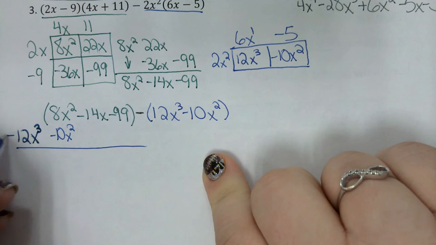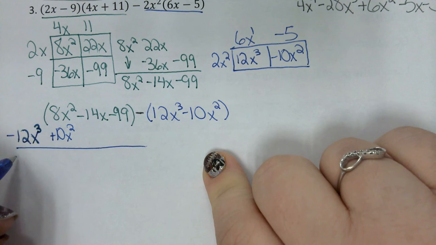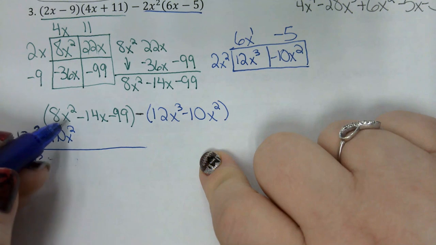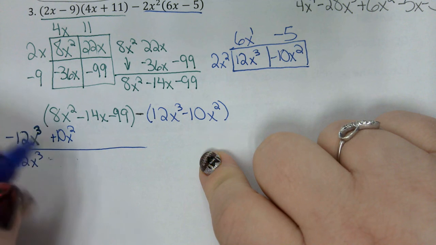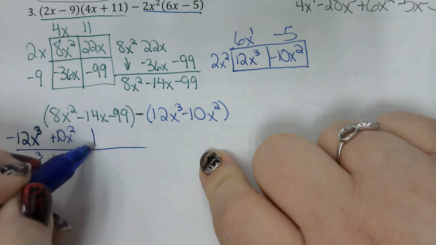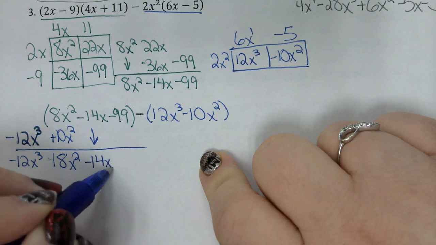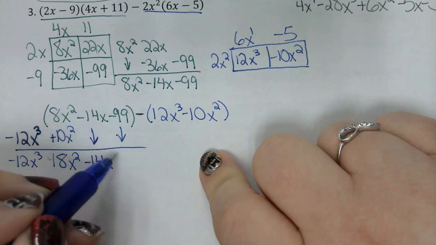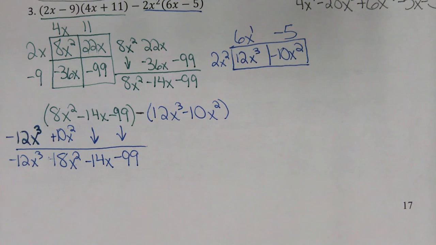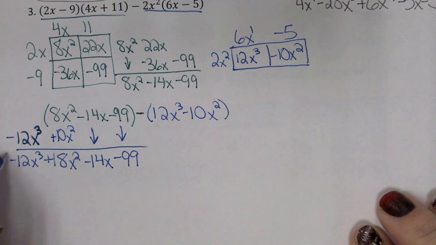So subtraction, subtraction, and we get negative 12x to the third. 8x squared plus 10x squared gives me 18x squared. He doesn't have anybody to combine with, so he's going to stay as negative 14x. And negative 99 doesn't have anybody to combine with, so he'll stay as negative 99. Add in our addition signs where we need them, and we have our answer.